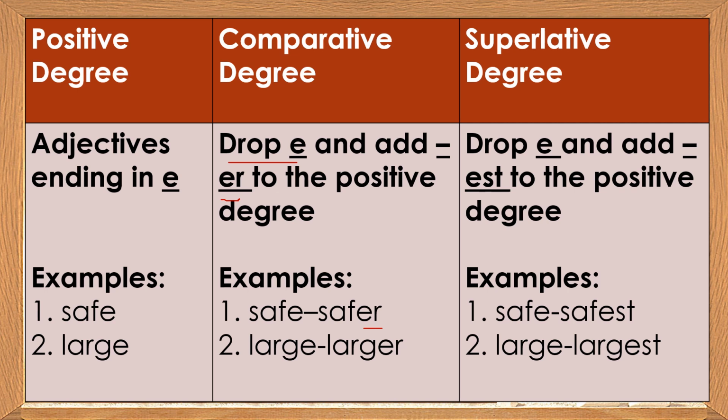As for the superlative degree, we're going to drop e and add est to the positive degree. So from our word safe, it becomes safest. So we have safe, safer in the comparative degree, and safest for the superlative degree.